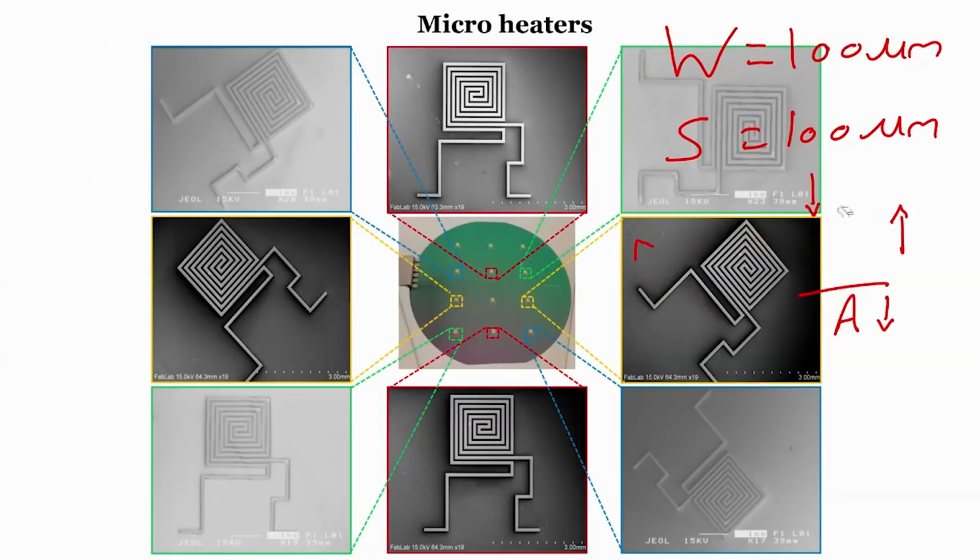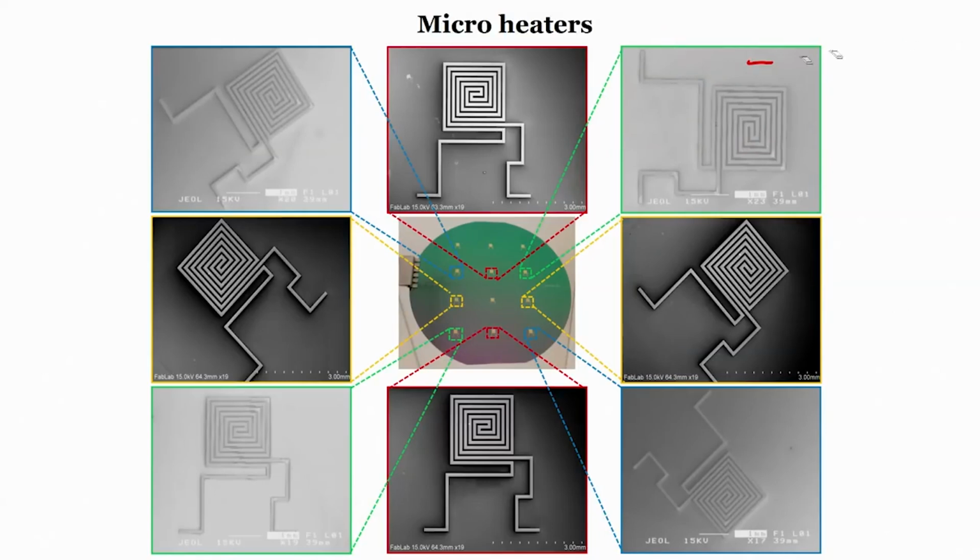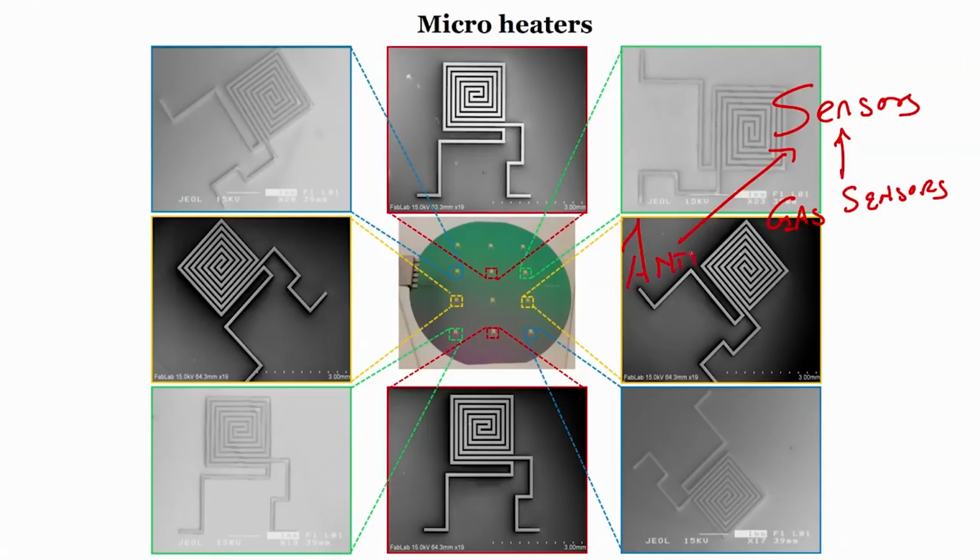Second thing, where are these micro heaters used? Micro heaters are used in a lot of applications such as sensors, and when I talk about sensors, these are gas sensors. Then these micro heaters are used in chips for antibiotic resistance.